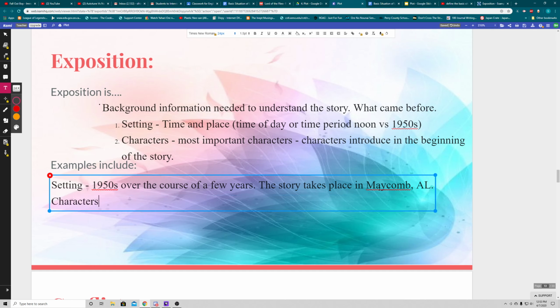Characters. There are so many characters in this story, right? So for exposition, though, I'm just going to include the most important ones that are mentioned in chapter 1 in the novel. So that would be Scout, Jim, Atticus, and the Ewells.